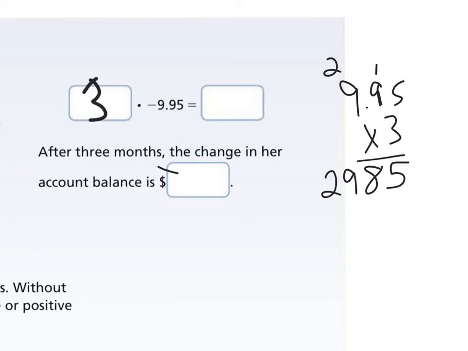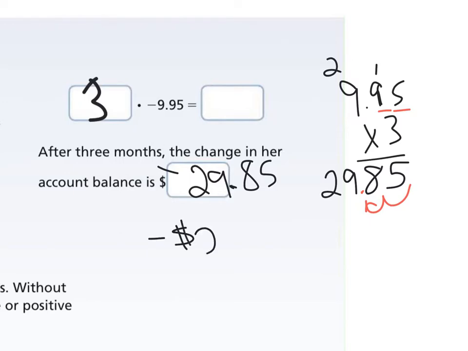And then we look here and we see we've got a total of 2 numbers after the decimal. So we'll move our decimal 2 places to the left. And so it'd be negative $29.85.